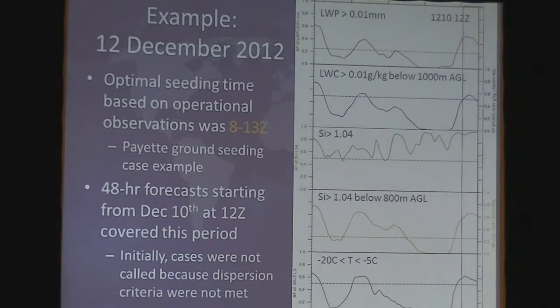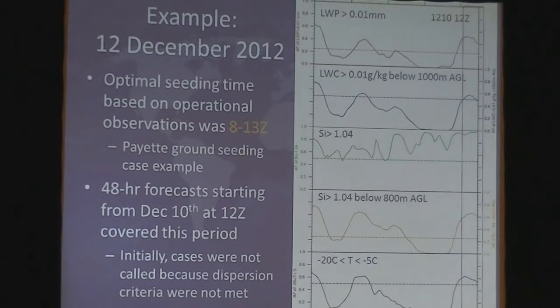So we're going to look through this case for a Payette ground seeding example. This first time series plot is for the 48-hour forecast that starts at December 10th at 12Z. This was the first forecast that showed this optimal time window of 8 to 13Z, which I've outlined here in the magenta box.